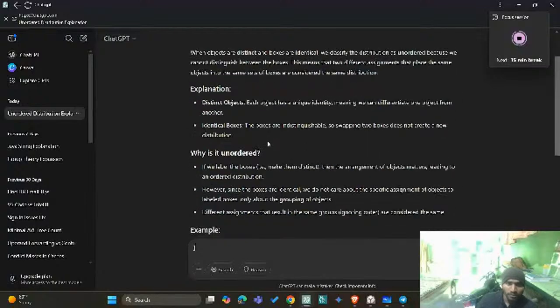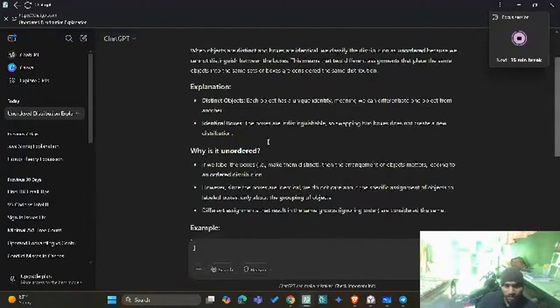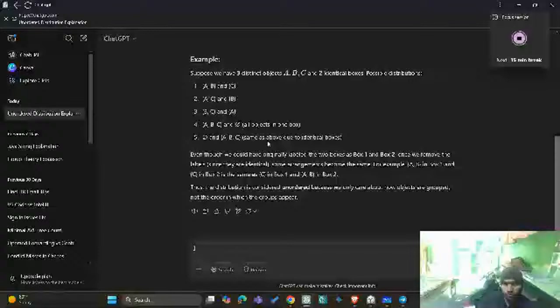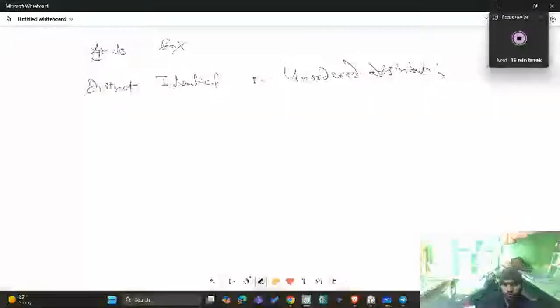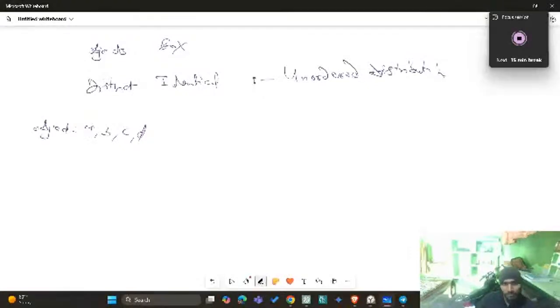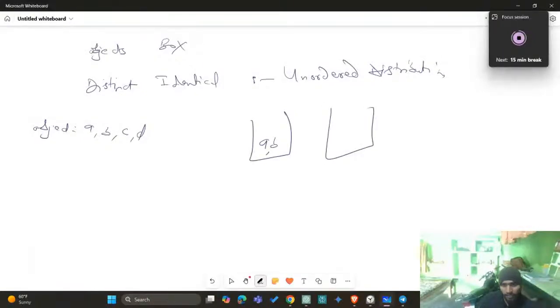So let's see why they are unordered. If we make the boxes distinct, then the arrangement changes. Assume we have objects A, B, C, and D. These are all distinct objects. We have two boxes. In one box we put AB and in another box we put CD.